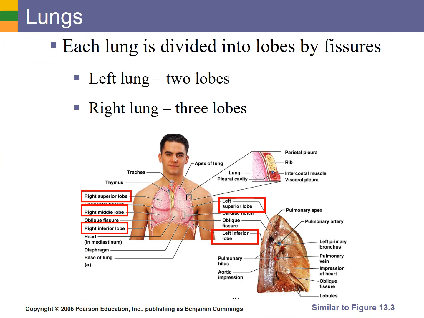The lung is divided into lobes by fissures, or these grooves. The right lung, as I mentioned earlier, is bigger than the left lung, and it contains 3 lobes, the superior, middle, and inferior lobe, while the left lung has a superior lobe and an inferior lobe.